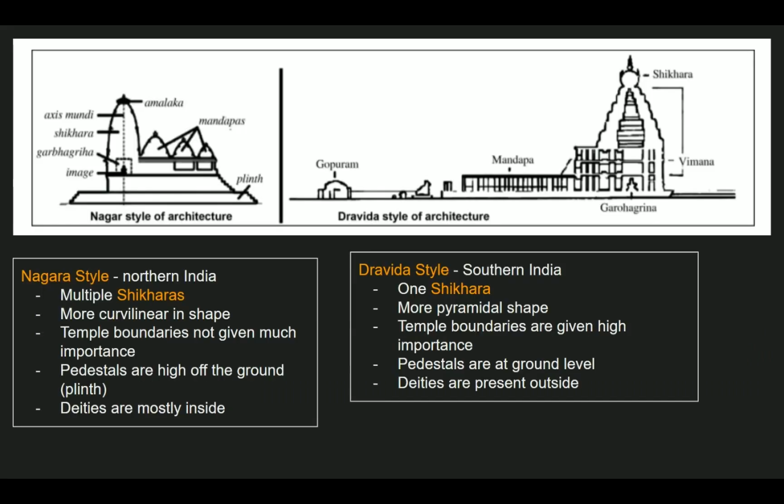Let's talk about the Hindu temples in terms of the regional differences. So we have the Nagara style in northern India versus the Dravida style in southern India. And they're both related to this idea of a mountain emerging.